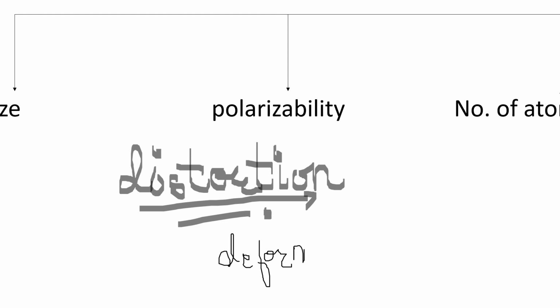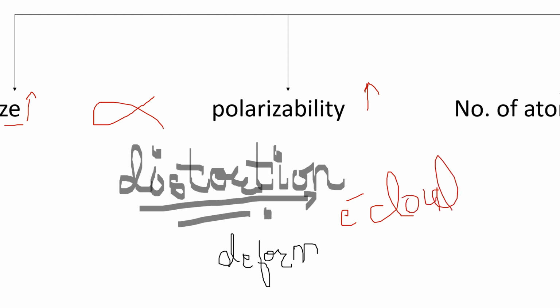So polarizability is basically the ability to deform. So we can relate polarizability to size. Polarizability is directly proportional to the size. The bigger the size, the larger the polarizability. Why? Because there would be more electron cloud.